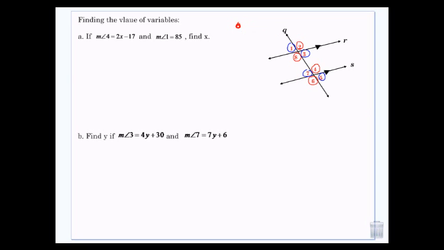What do I know about a blue and a red? They don't match, but they do equal 180, correct? So angle 4 plus angle 1 is going to give me 180. So 2x minus 17 plus 85 is equal to 180.